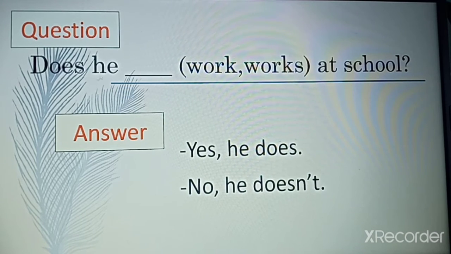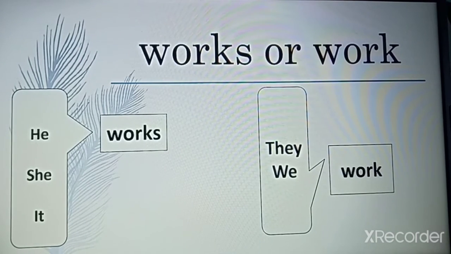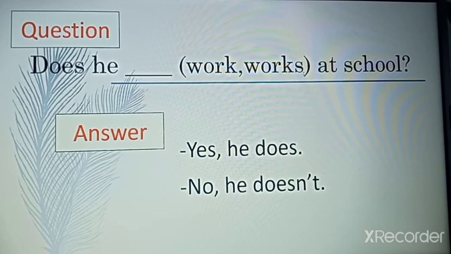So, for example, if the question says, does he blank works or work at school? Since he is a singular person, we're going to use works, right? So does he works at school? The answer is works. Does he works at school?